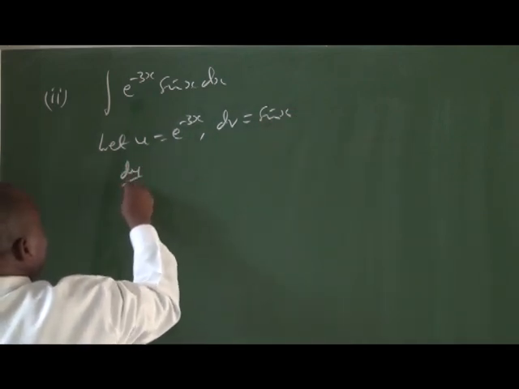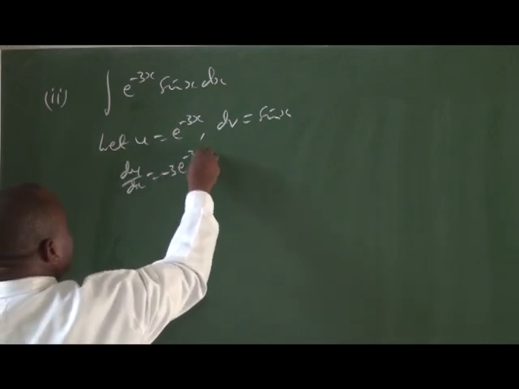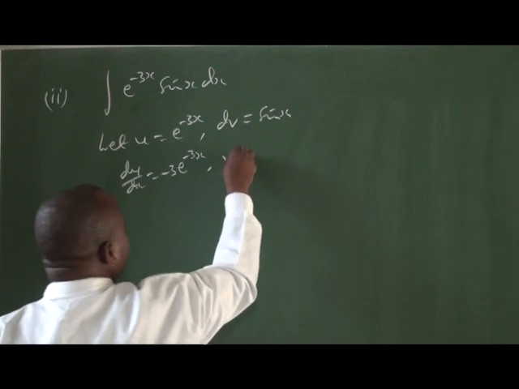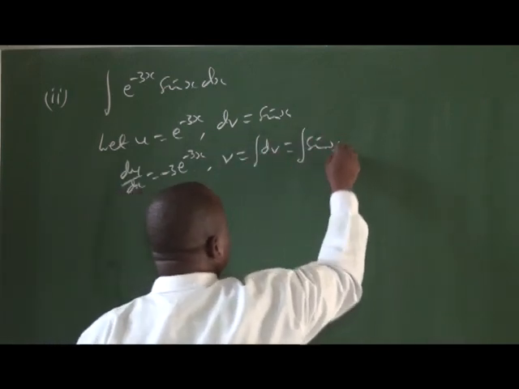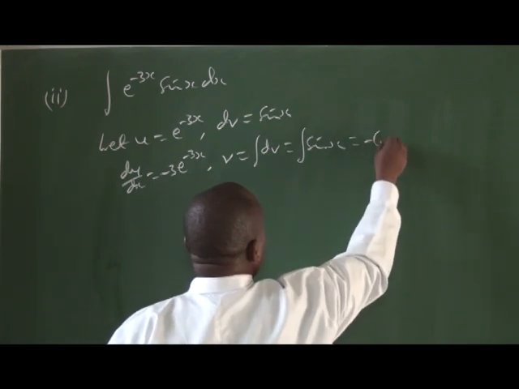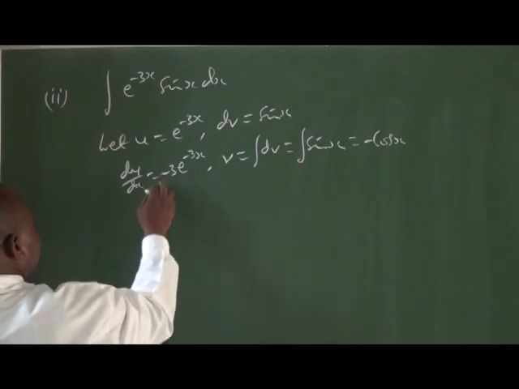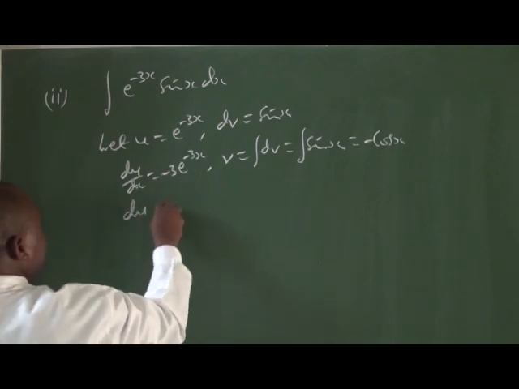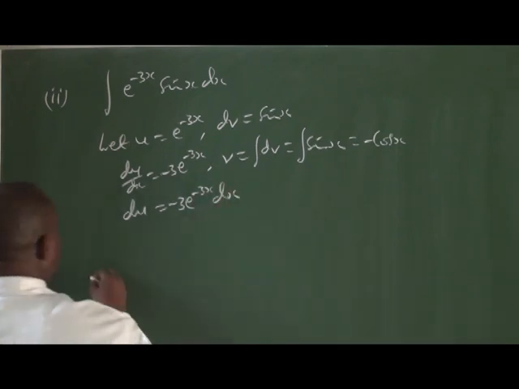Then du over dx is minus 3 exponential minus 3x. v is the integral of dv, which is integral sine x, and that gives you minus cos x. Right. So from here, du will be equal to minus 3 exponential minus 3x dx.